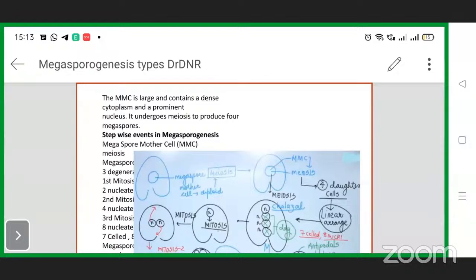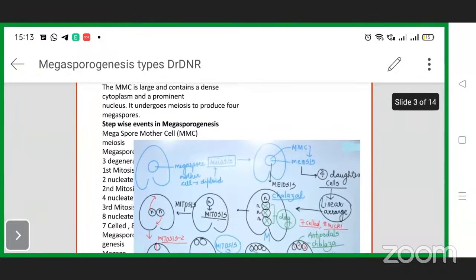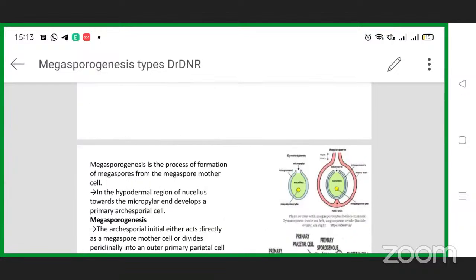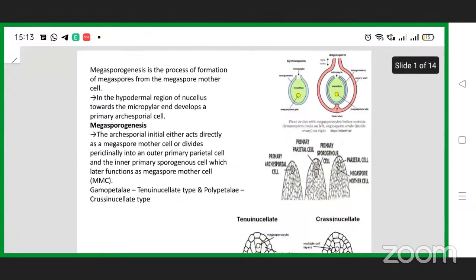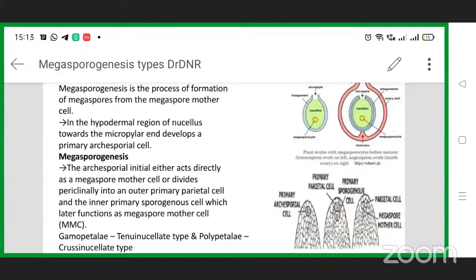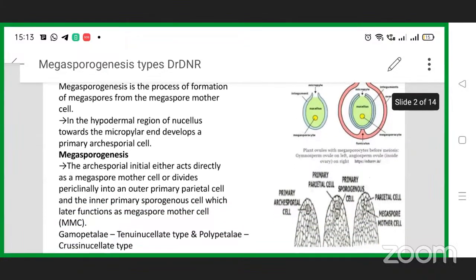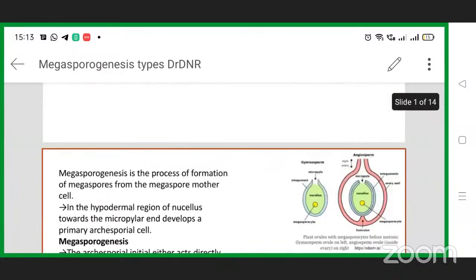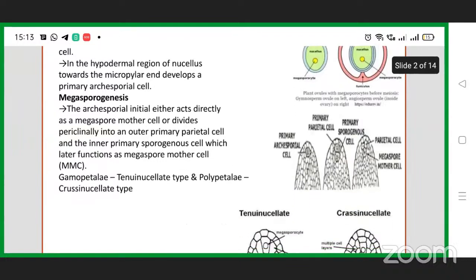The megasporangium is forming from the archesporial mother cell. From the archesporial cells, megaspores are forming, along with the parietal cells.